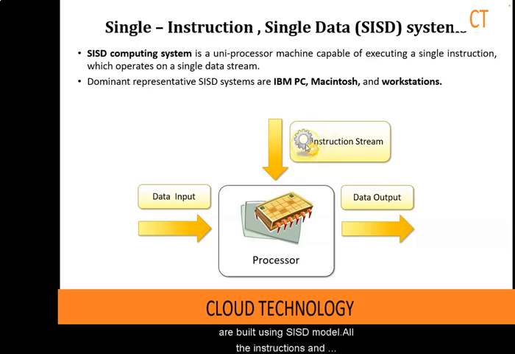All instructions and data to be processed have to be stored in primary memory. The speed of the processing element in the SISD model is limited by the rate at which the computer can transfer the information internally. Dominant representative SISD systems are IBM PC, Macintosh, and workstations.